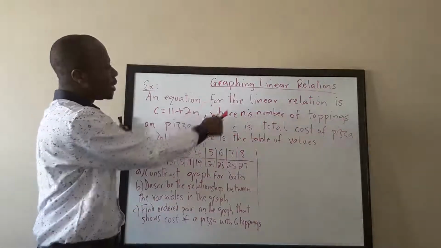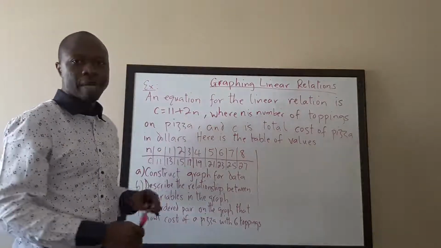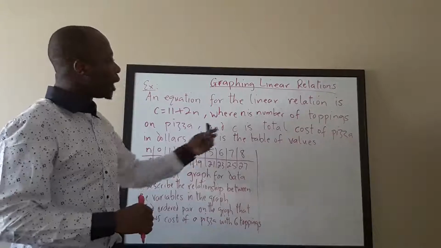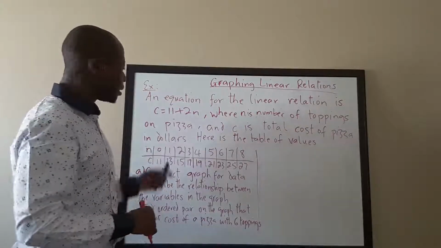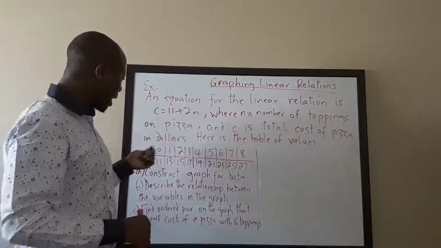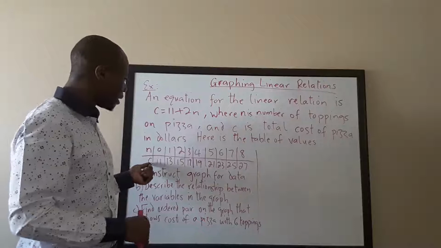An equation for the linear relation is C equals 11 plus 2n, where n is the number of toppings on a pizza, and C is the total cost of the pizza in dollars.